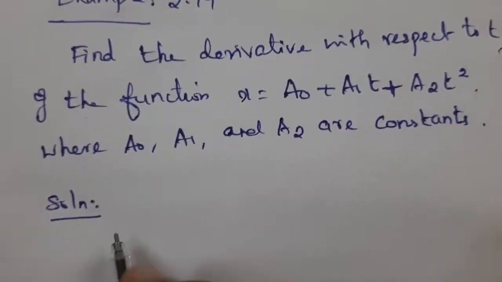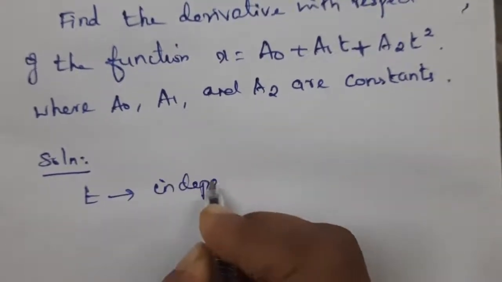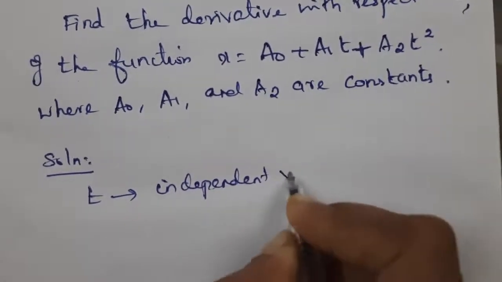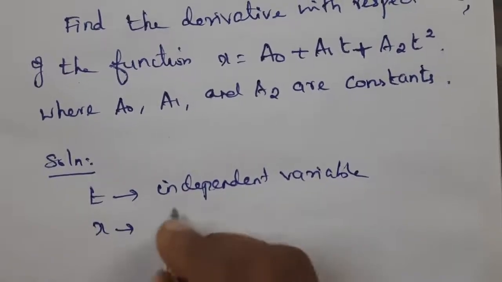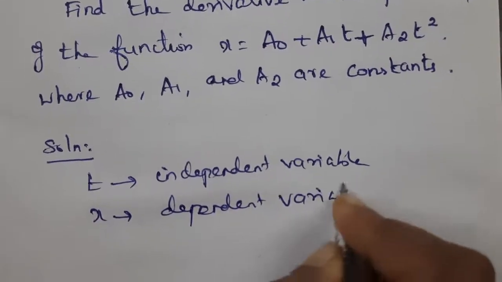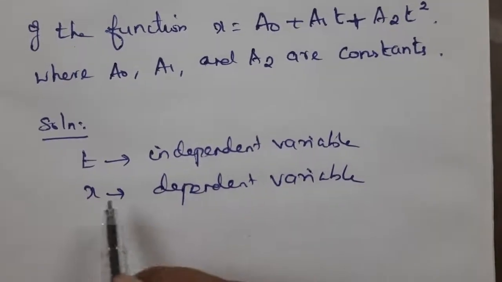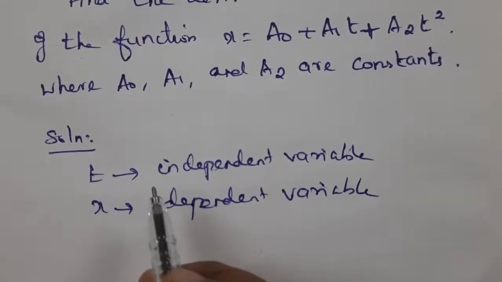Here the t is independent variable. T is an independent variable and x is a dependent variable. T is the time it goes, but x depends on this time.